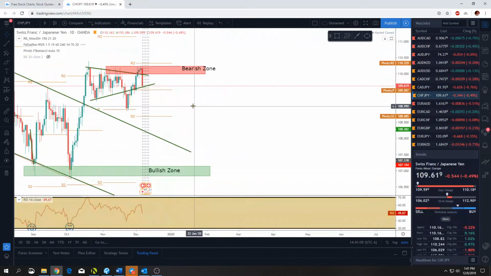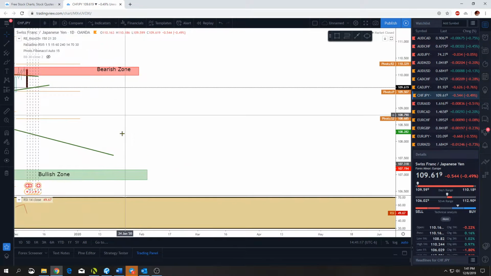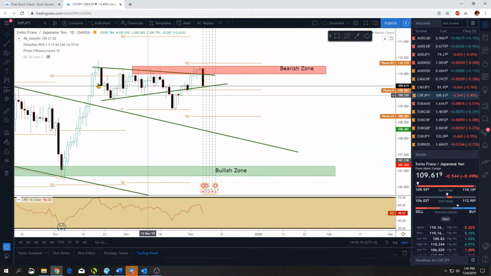Swiss franc JPY, you can see this bullish flag. Now we're in this wedge. We thought we had a break here. I bet a lot of people got caught in this trade if they were looking at the same pattern I was on this break. See this break, you would tend to be bullish there.